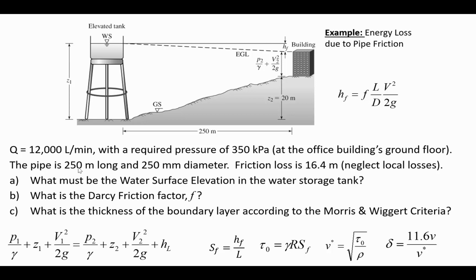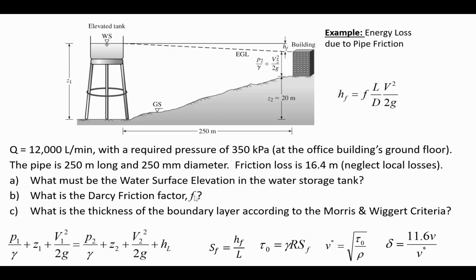The pipe is 250 meters long, 250 millimeter diameter, and the friction loss is 16.4 meters. And so we're going to use the energy equation here to determine the tank height. And it's asking what is the Darcy friction factor.